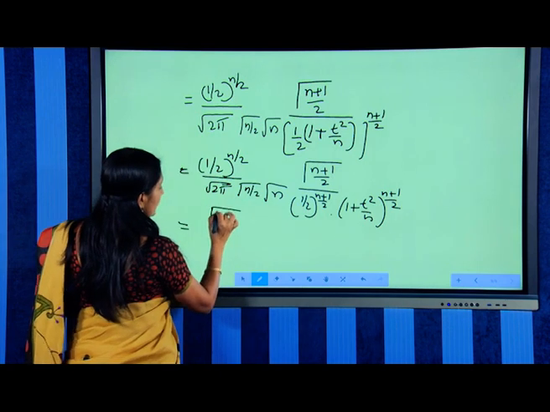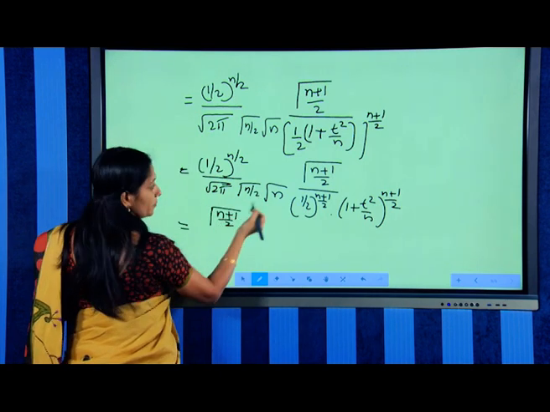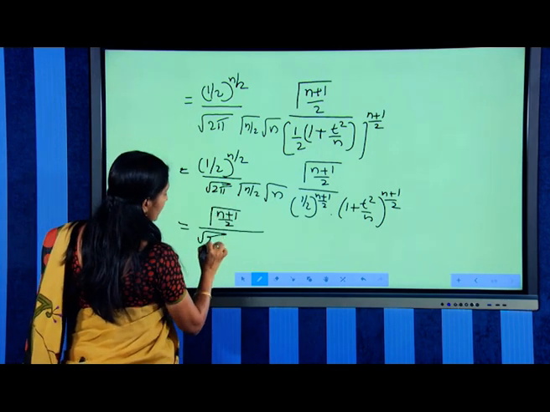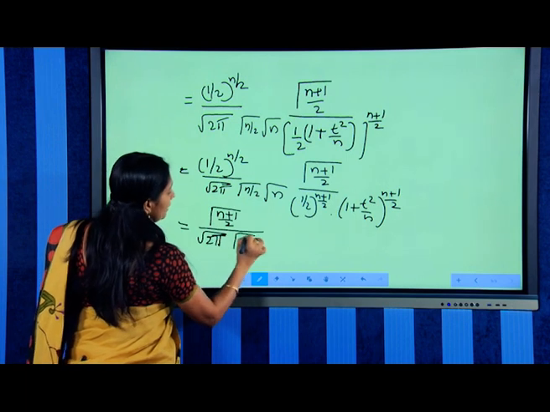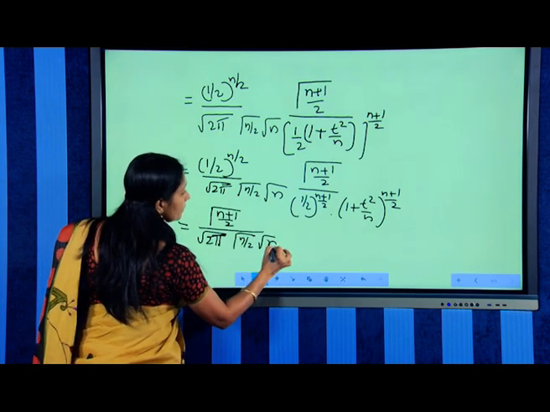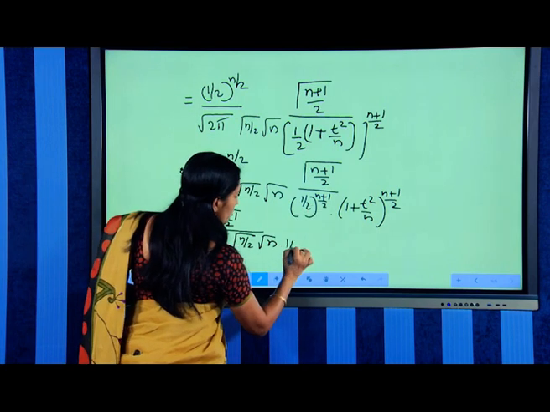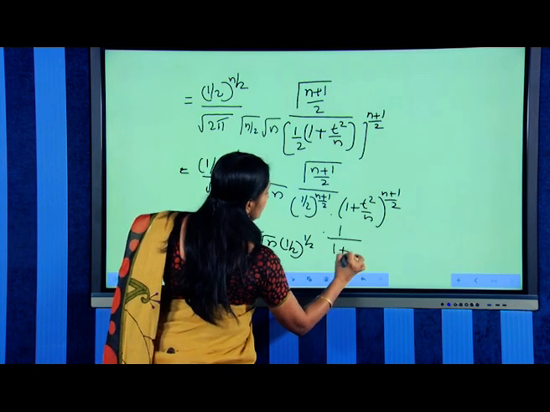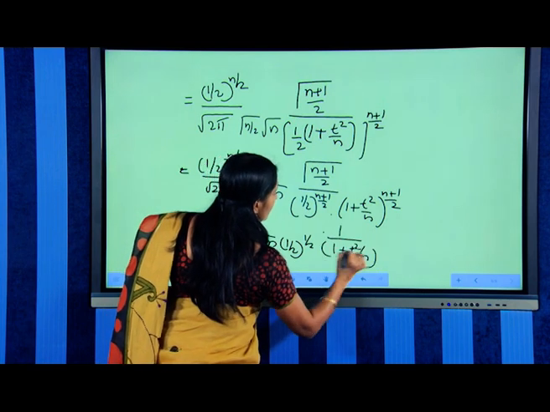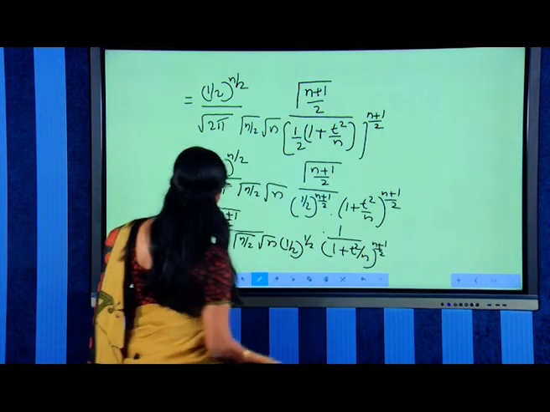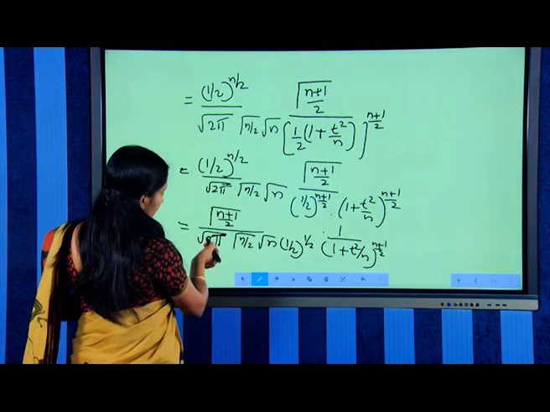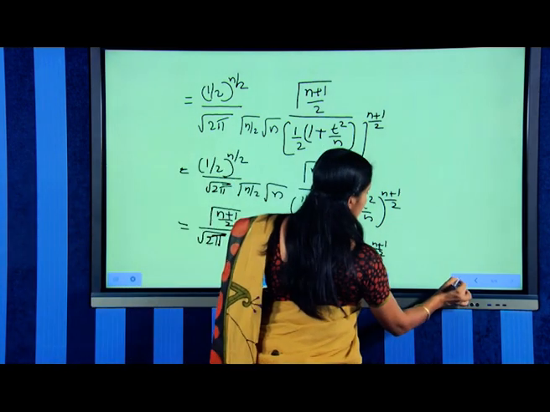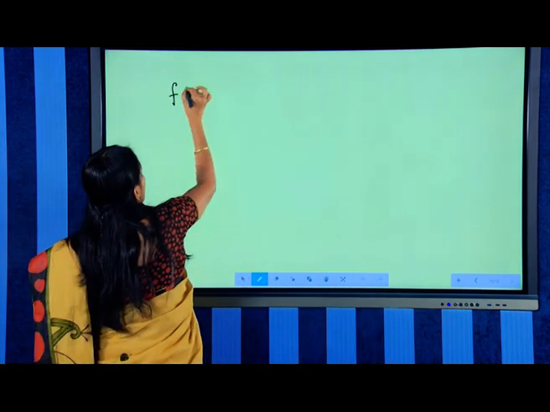So, remaining terms are gamma n plus 1 by 2 in the numerator, and in the denominator we have root 2 pi gamma n by 2 root n, here you have 1 by 2 to the power 1 by 2 into 1 by 1 plus t square by n to the power n plus 1 by 2, and this root 2 and this root 2 are cancelled.